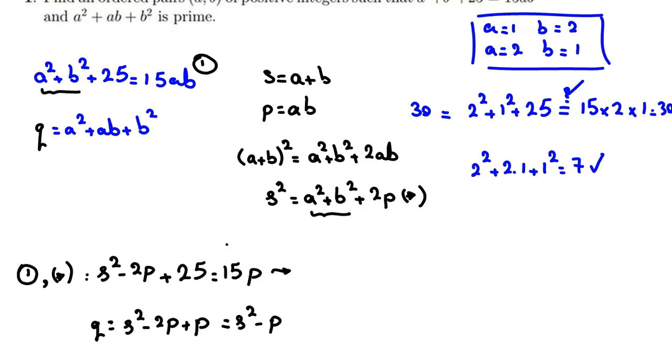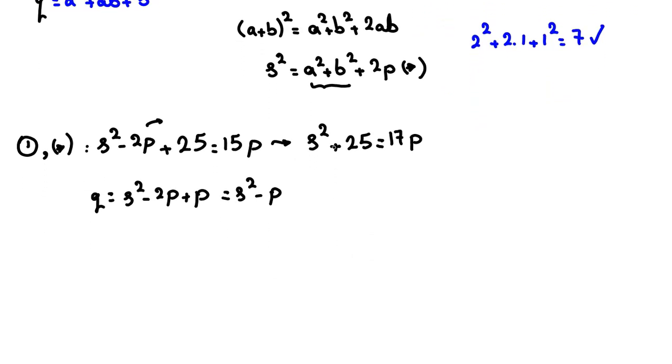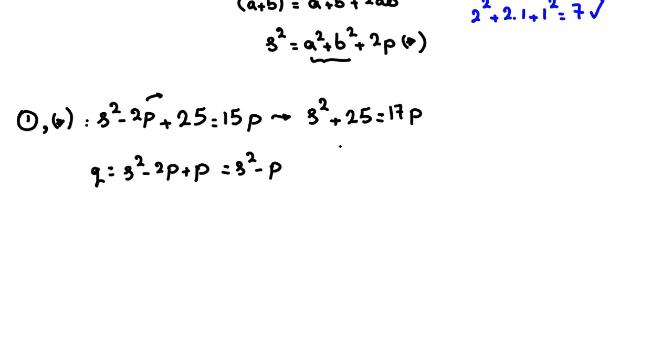Now from this part, you can say S squared plus 25 equals negative 2P; we take it to the right side, 2P plus 15P, 17P. Now here, you can write S squared in terms of P or P in terms of S squared. You should check both of them.